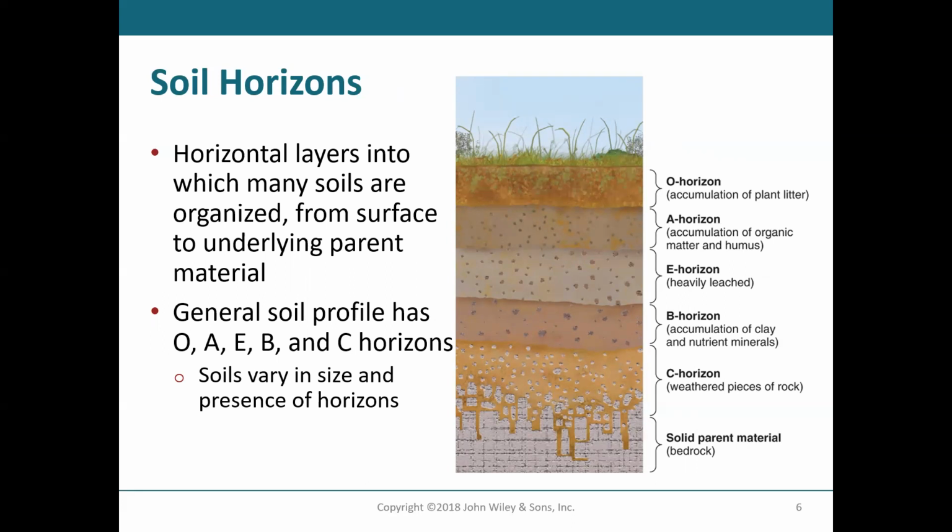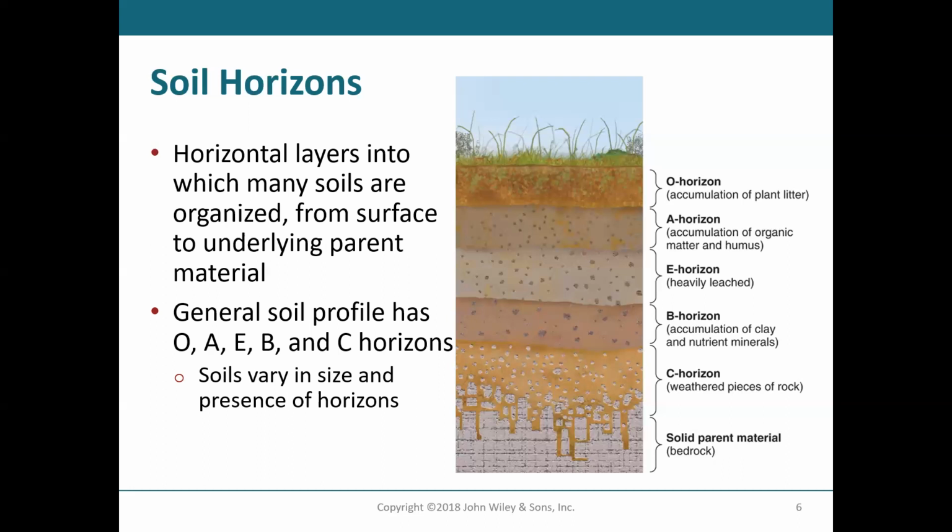Right underneath is the A horizon. It is also dark and rich with accumulated organic matter and humus. Plant roots and soil organisms are plentiful in this horizon. And then we have the E horizon, which has the heavily leached material from the A and B horizons.